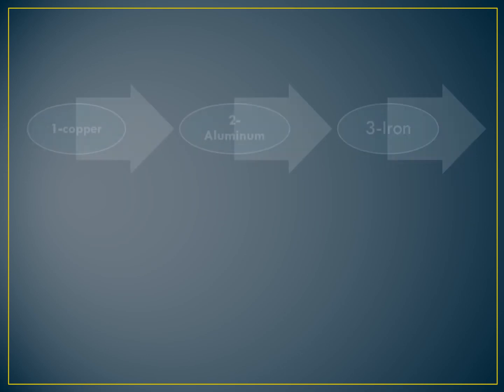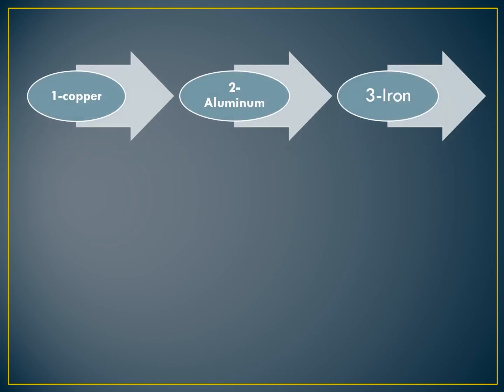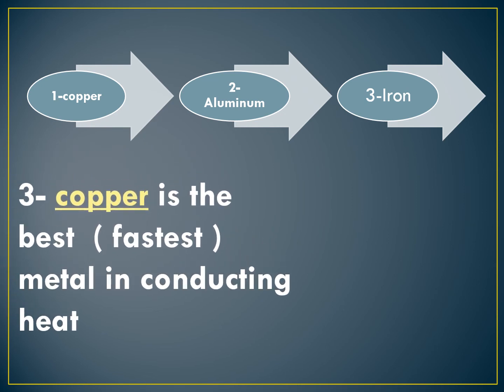We can conclude from the previous video that copper conducts heat faster than aluminum, and aluminum conducts heat faster than iron. So note number 3: copper is the best and fastest metal in conducting heat.